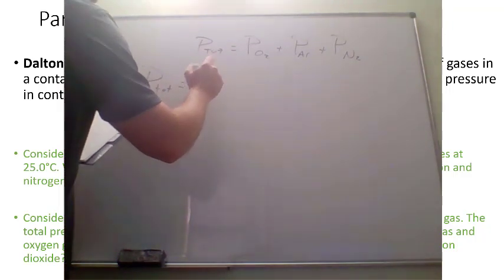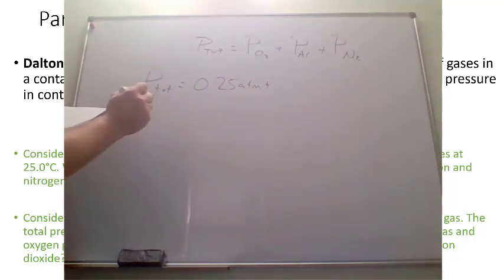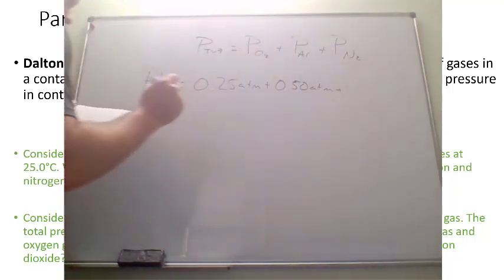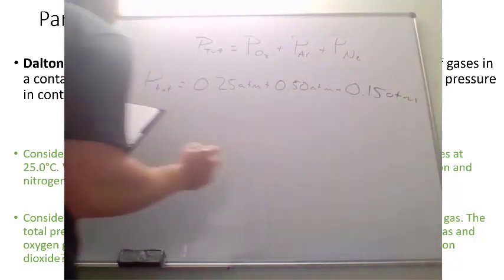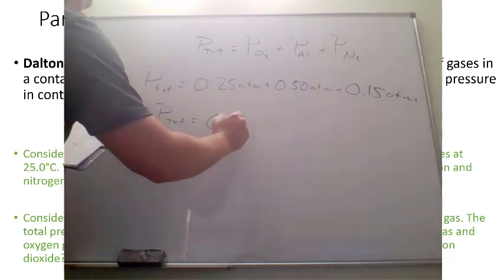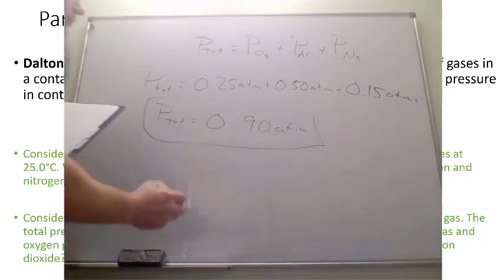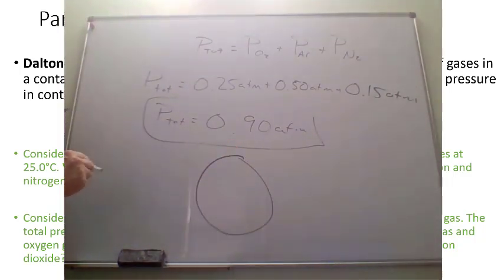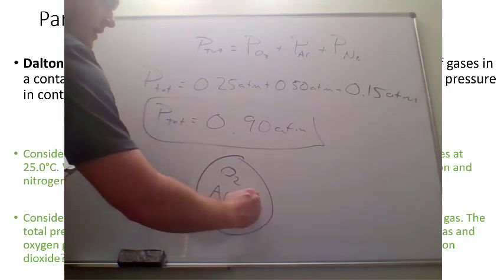So we put in 0.25 atmospheres for oxygen, plus 0.50 atmospheres for argon, plus 0.15 atmospheres for nitrogen gas. If we plug and chug here, we find that our total pressure in that vessel is equal to 0.90 atmospheres total.